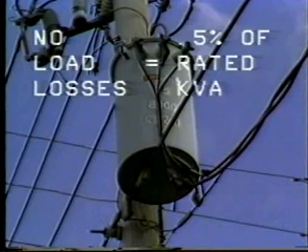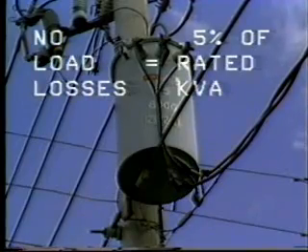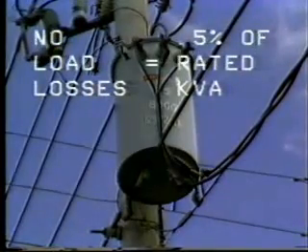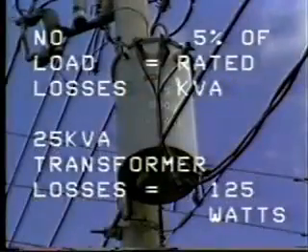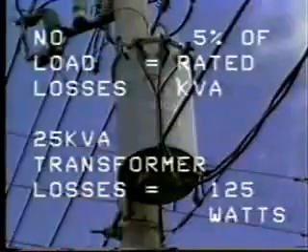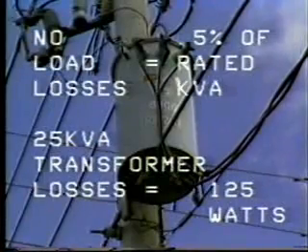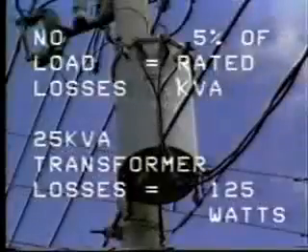In a typical distribution transformer, the no-load losses will amount to about 1/2 of 1% of the rated kVA. So, for a 25 kVA transformer, this would mean about 125 watts of real power loss, even when the transformer is unloaded.